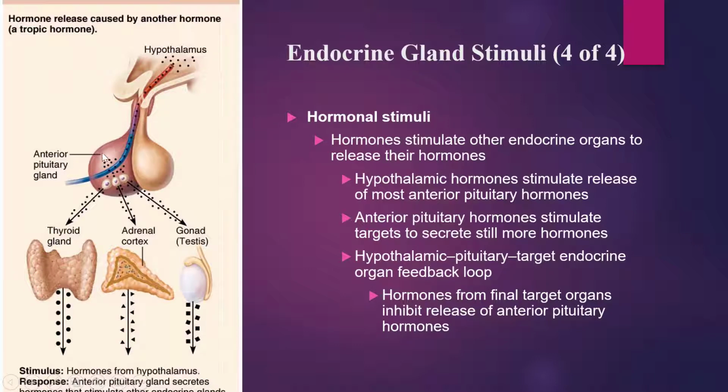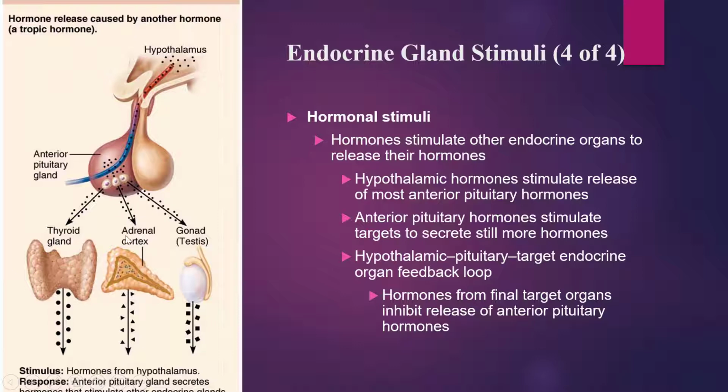The anterior pituitary gland secretes, right here in the example, three different types of hormones that would stimulate the release of the hormones coming from these endocrine glands. So this will be your thyroid stimulating hormone. It stimulates the thyroid gland to release its hormone. This will be your ACTH here, the adrenocorticotropic hormone.